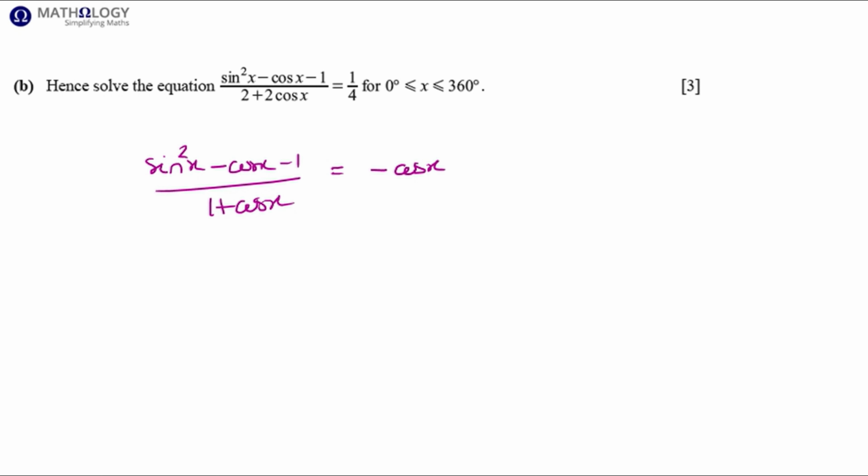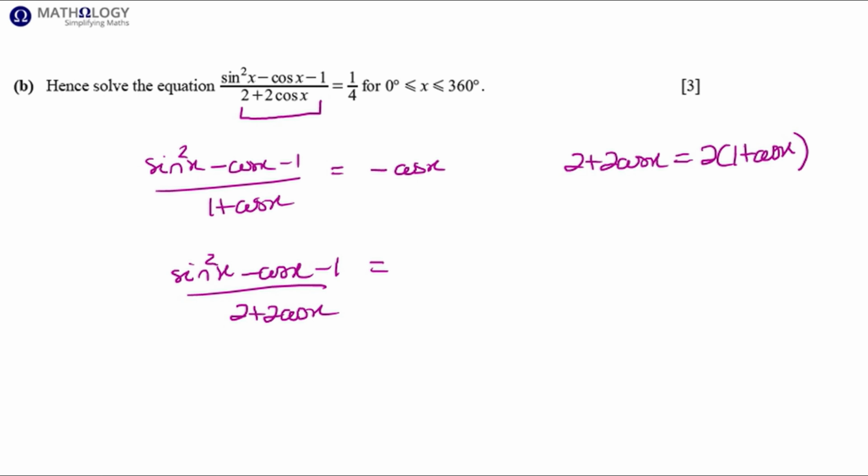So we have the numerator being the same, however the denominator is slightly different. So we are going to take a common 2 out of this denominator. Sine squared x minus cos x minus 1 over 2 plus 2 cos x equals sine squared x minus cos x minus 1 over 2 times (1 plus cos x).